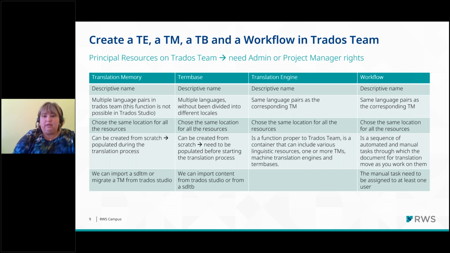The workflow, that is a sequence of automated and manual tasks through which the document for translation will move as you work on them, will also have a name and the same language pair as the translation memory, and will be saved at the same location as all the resources used. You need to know that all manual tasks need to be assigned to at least one user. You will see this in the next video.